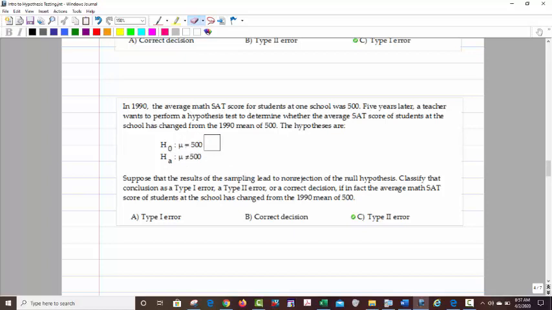So if we fail to reject the null hypothesis when it is wrong, obviously you want to fail to reject it if it was true, but if you fail to reject the null hypothesis when it's false, you have made a type 2 error. That is the definition of a type 2 error.